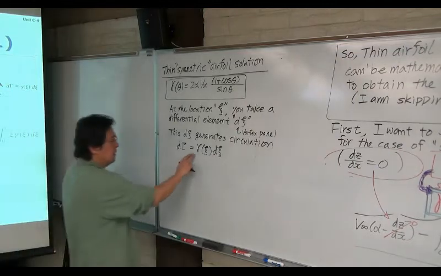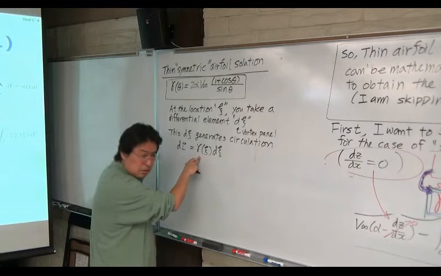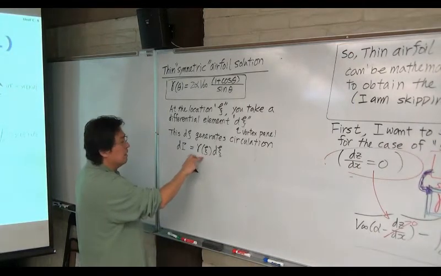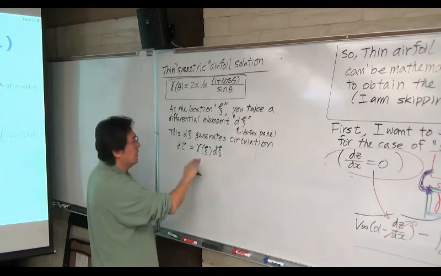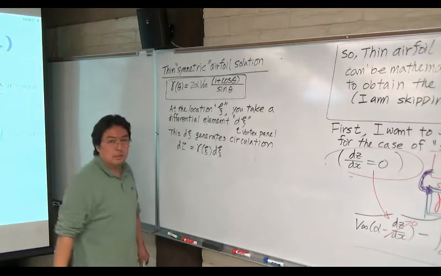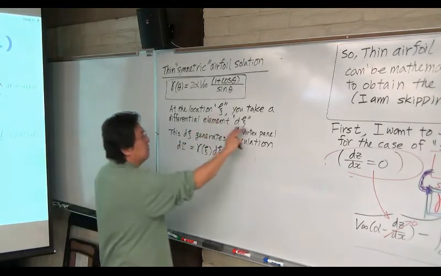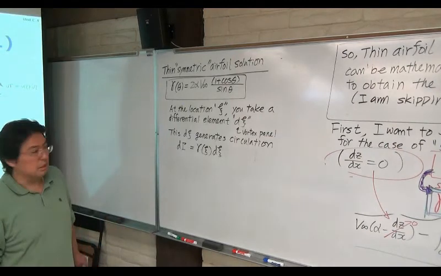This lowercase gamma is the circulation per unit length. So this much circulation per unit length multiplied by this much small tiny length gets you the small tiny amount of circulation at the location xc. This circulation is created by this small tiny element dxc.